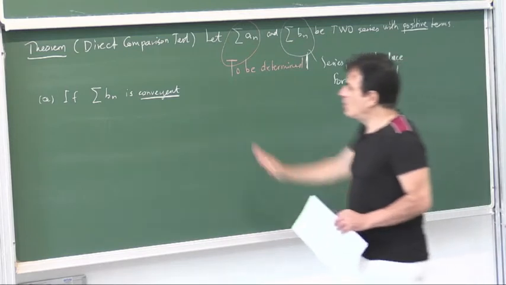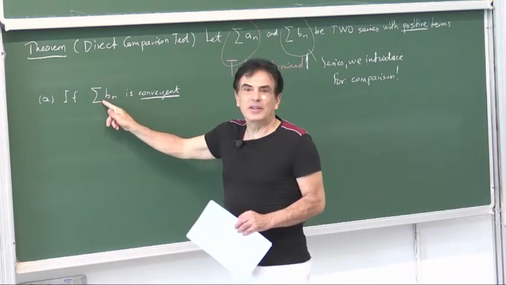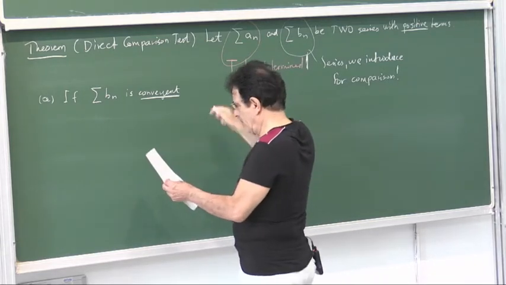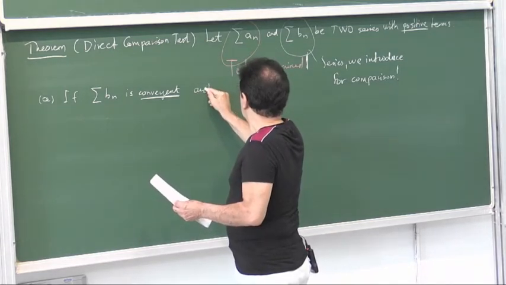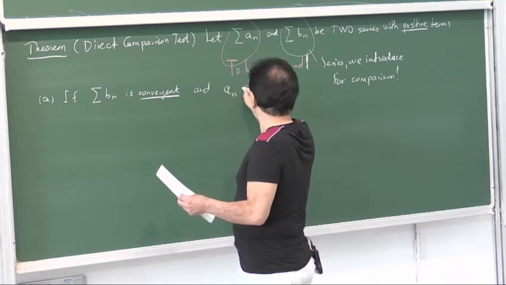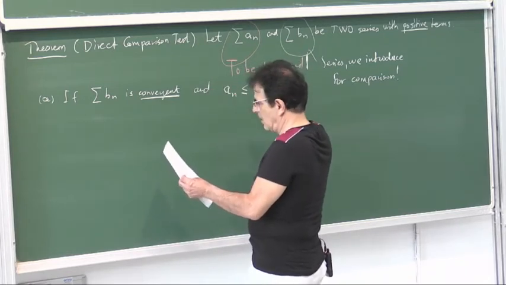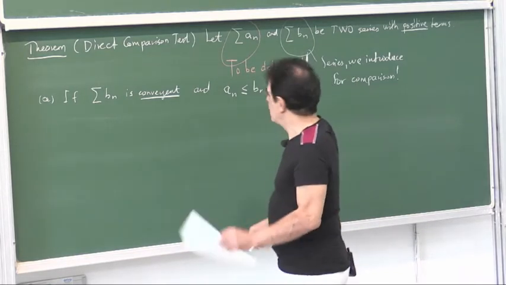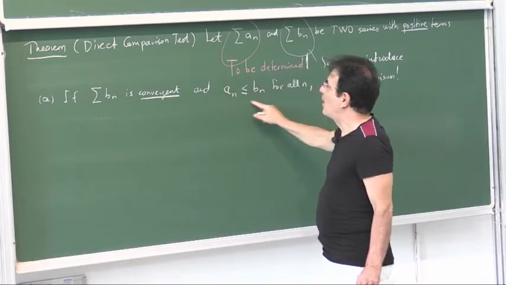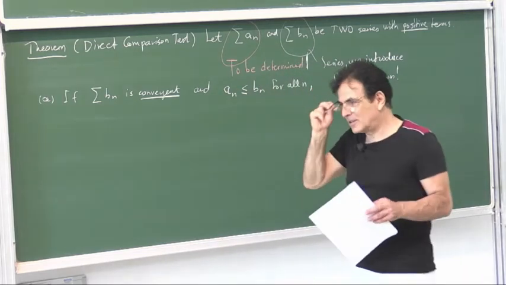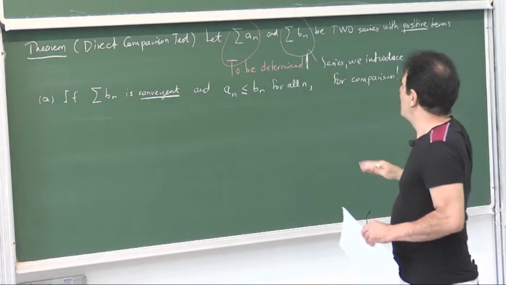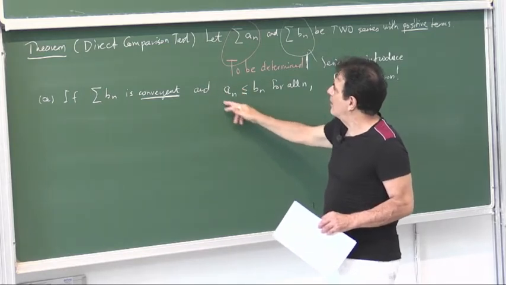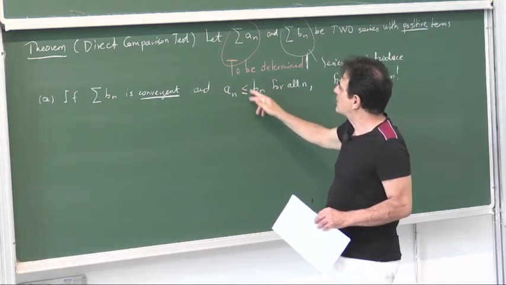So if we introduce a convergent series for comparison, and AN is smaller than BN for all n, this is a similarity argument. The two series may be similar in this way: their entries are smaller than the second one.